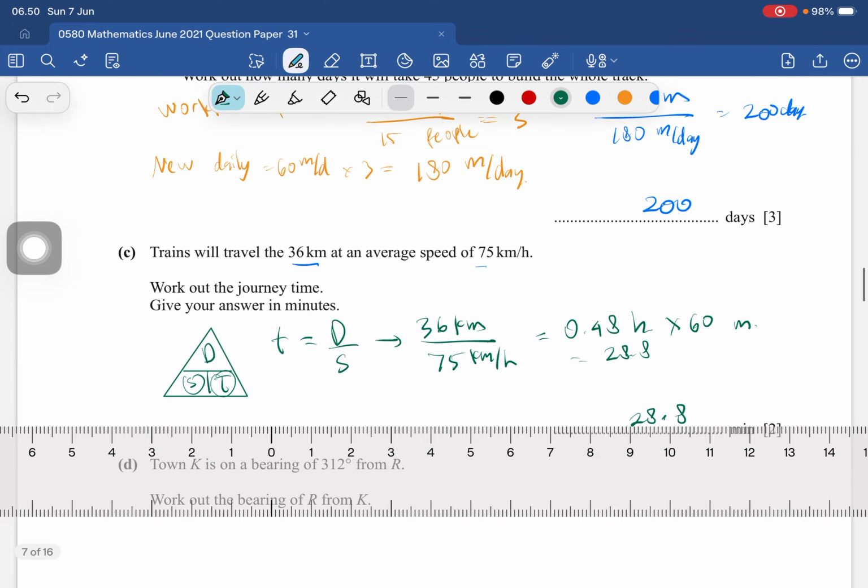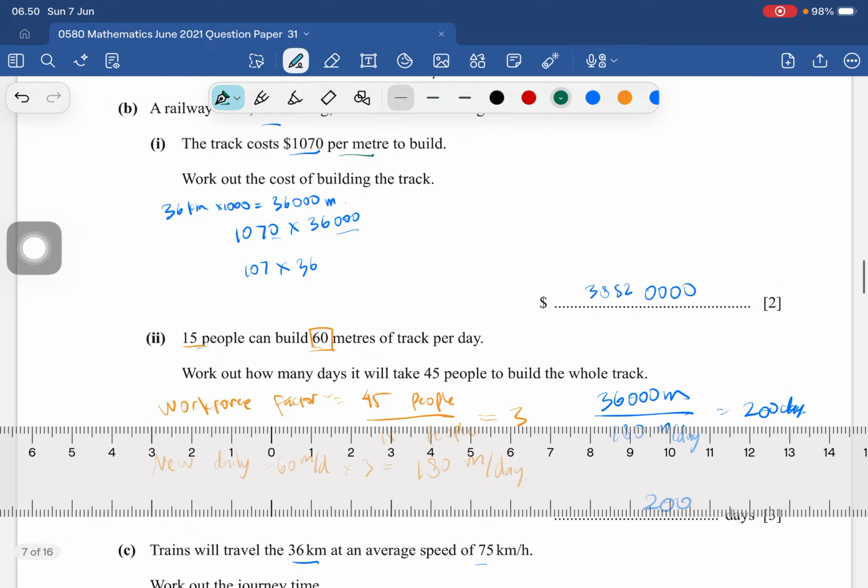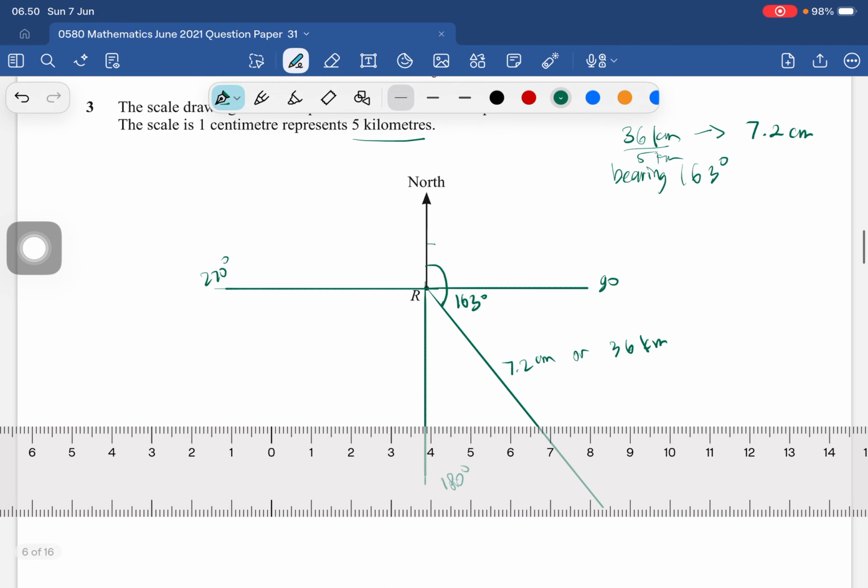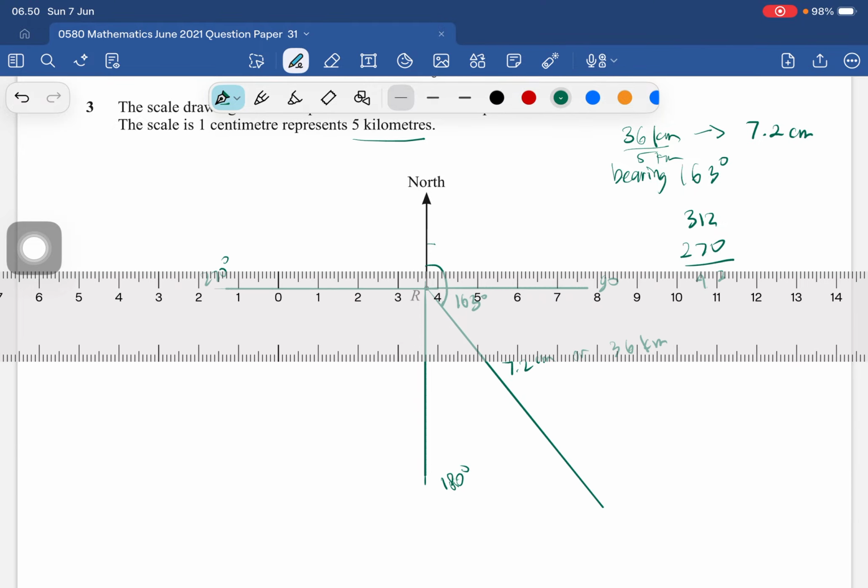So we get K on the bearing of 312. We subtract 270 from 312, and we get 42. We need 42 from here.